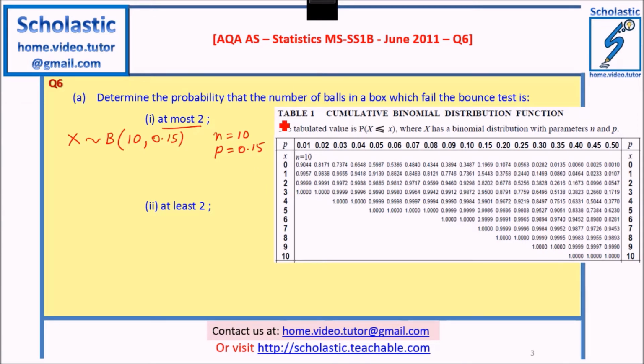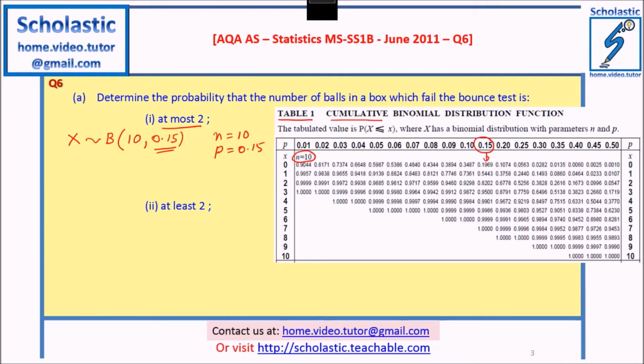Therefore we go to the table of cumulative binomial distribution with n equal to 10. Go to the row where n equal to 10, and then we need to find the probability. In this case p equal to 0.15. The 0.15 column is the one that we are going to look at.